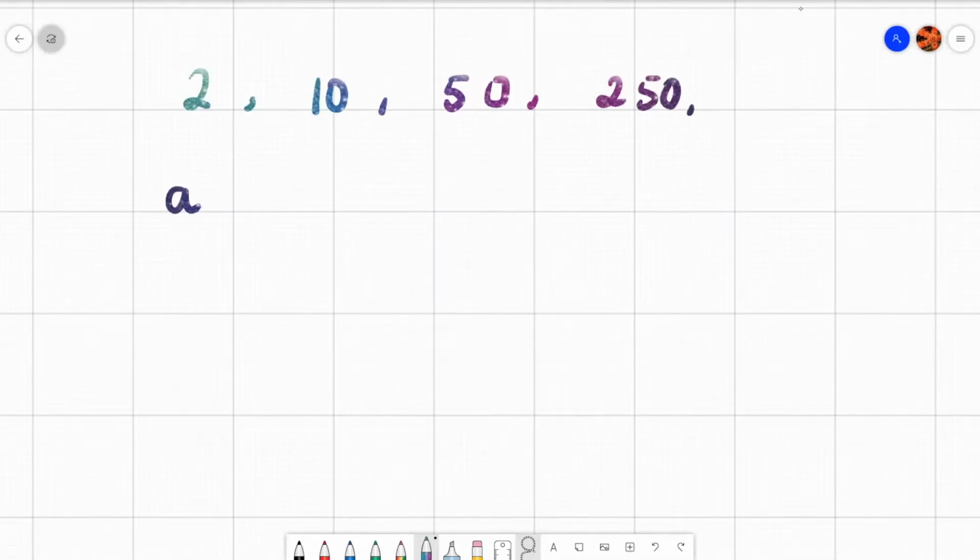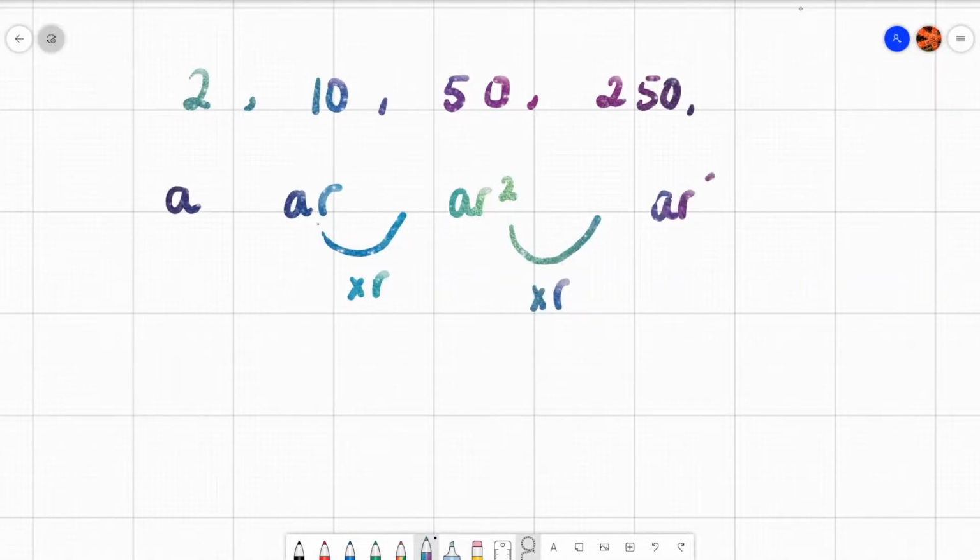So to get to the next term, I've got to do a times r, which is just ar. Okay, so rather than a times r, I'm just going to write ar. To get to the next one, I've got to times this one by my common ratio. So ar times r is ar squared. Again, then to get to this one, I've got to times this one by r. That becomes ar cubed.